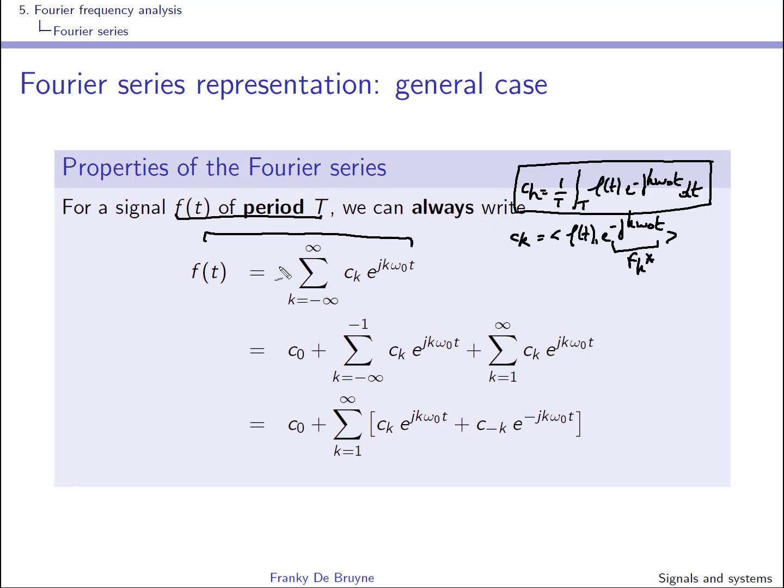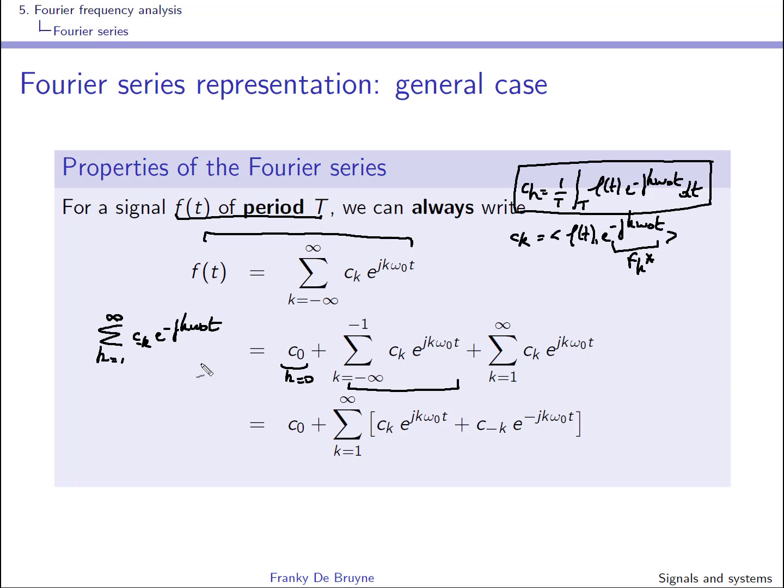So what we do over here is decompose this sum in 3 terms, one corresponding to k equal to 0, and then the sum from minus infinity to minus 1, and from k equals 1 to infinity. This one we can rewrite differently, as k equal to 1 to infinity. We have to change the sign of k, and it will be c of minus k e to the minus jk omega 0 t.